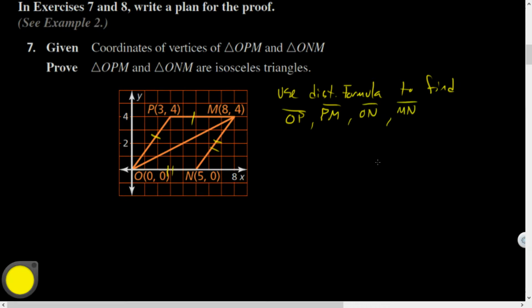And show that OP is congruent to PM, and ON is congruent to MN. How would I show they're congruent? I'd have to show that their measures are equal, and then by definition of congruence, I'd know that they're congruent. Thereby, it's an isosceles triangle because it has two congruent legs.